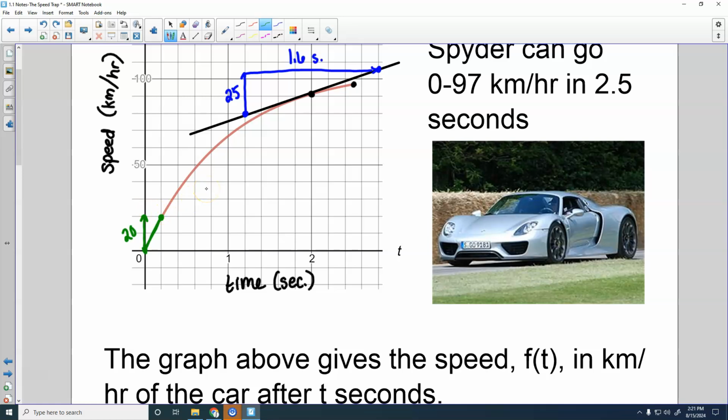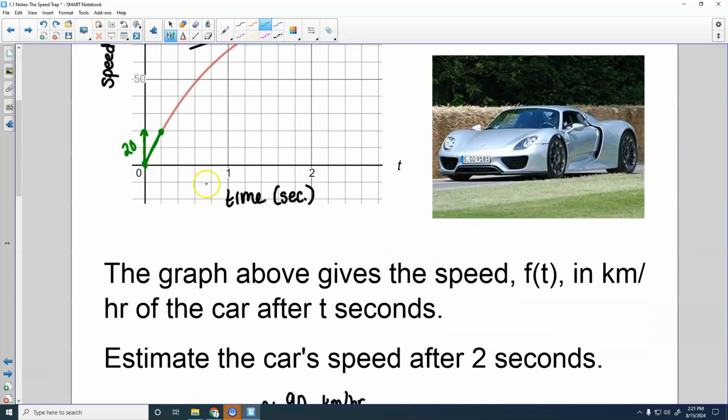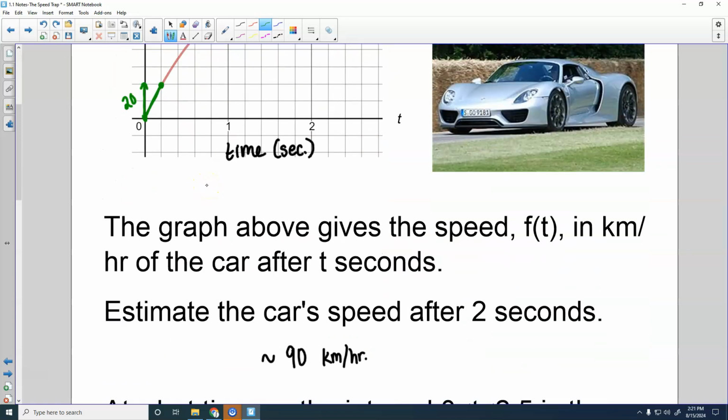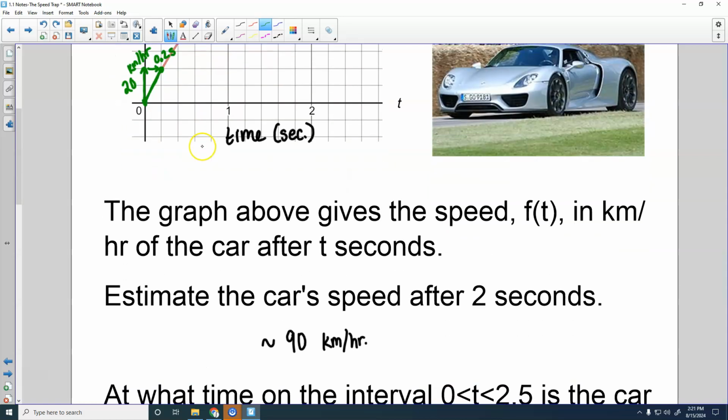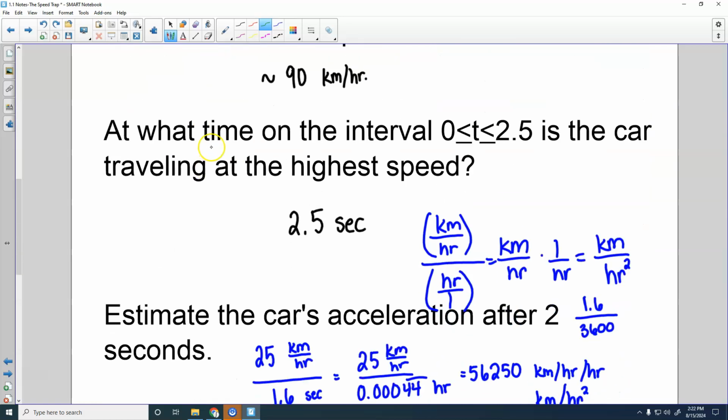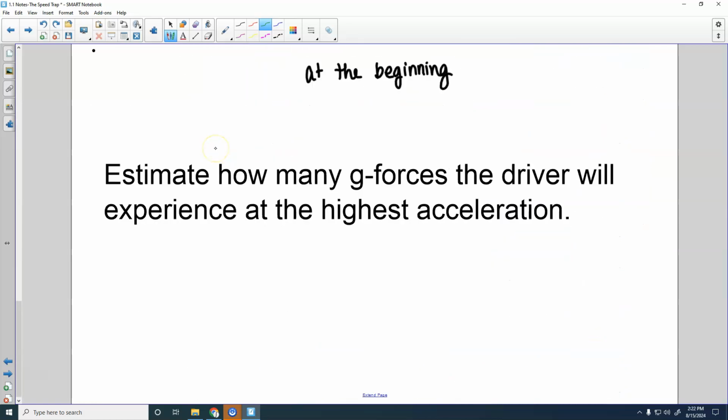So for this one, it goes 20 kilometers. Is that kilometers or meters? Have I been doing this wrong the whole time? No, it's kilometers per hour. It goes 20 kilometers per hour, and then that's 0.2 seconds. I realize there's lots of conversions here.